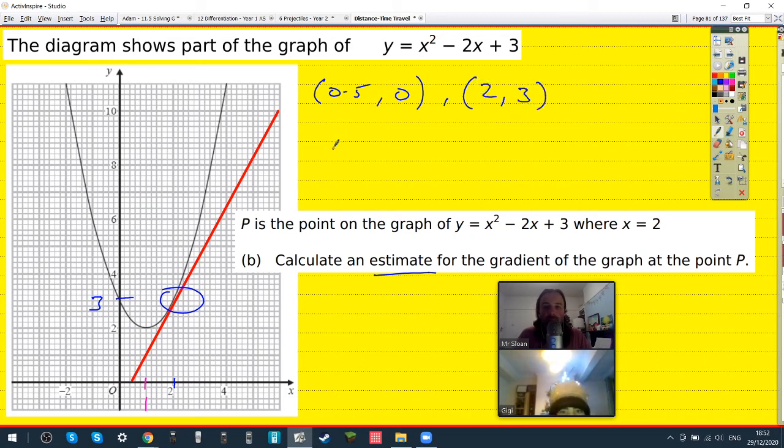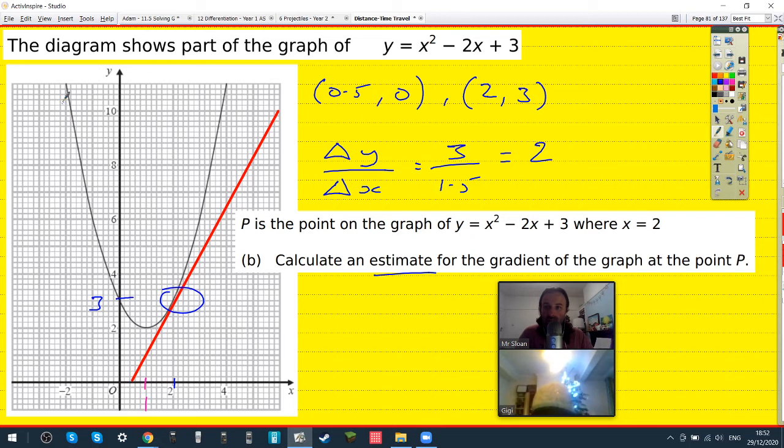Yep. Y changed by 3. X changed by 1.5. 2. Yep. And so 2.